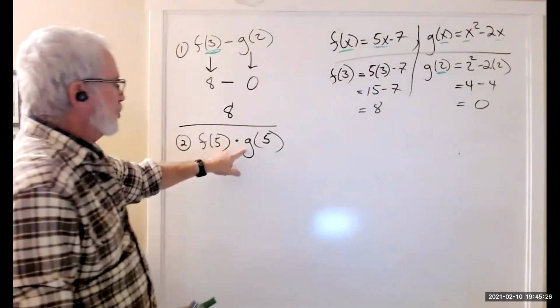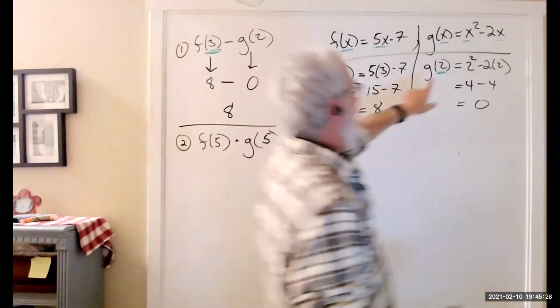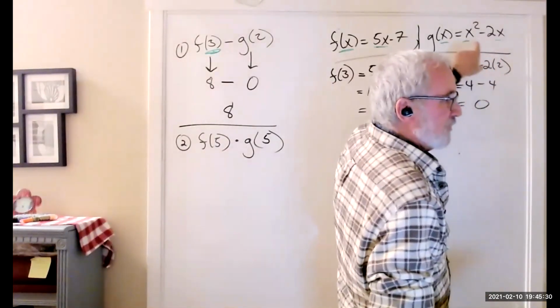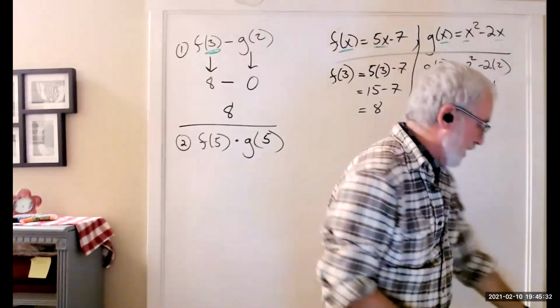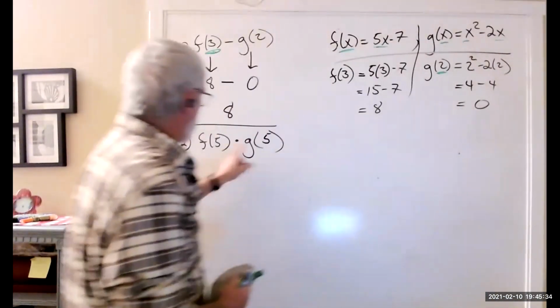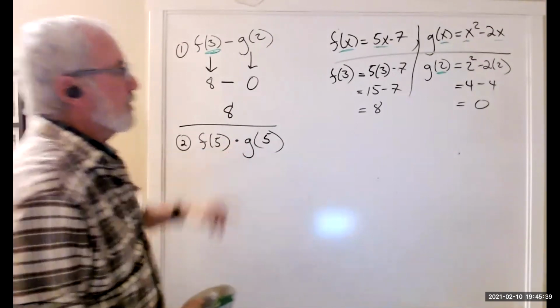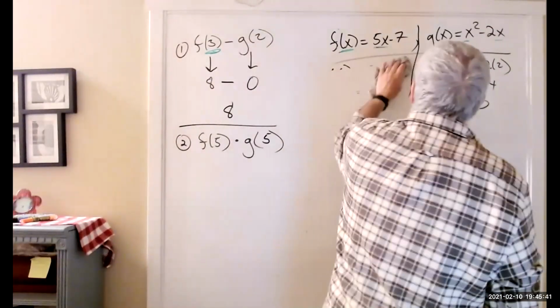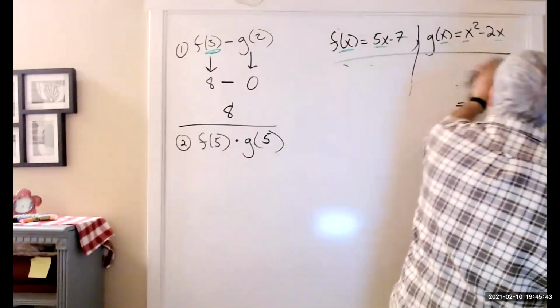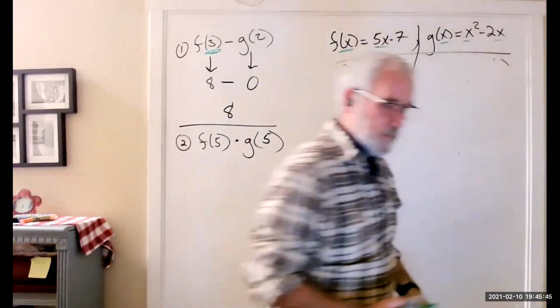Then you're going to look at the g function and put 5 in place of x and work out the arithmetic. And then after you work them both out, you're going to multiply them together. I'll be quiet for a minute while you work that out, and then we'll work it out together.